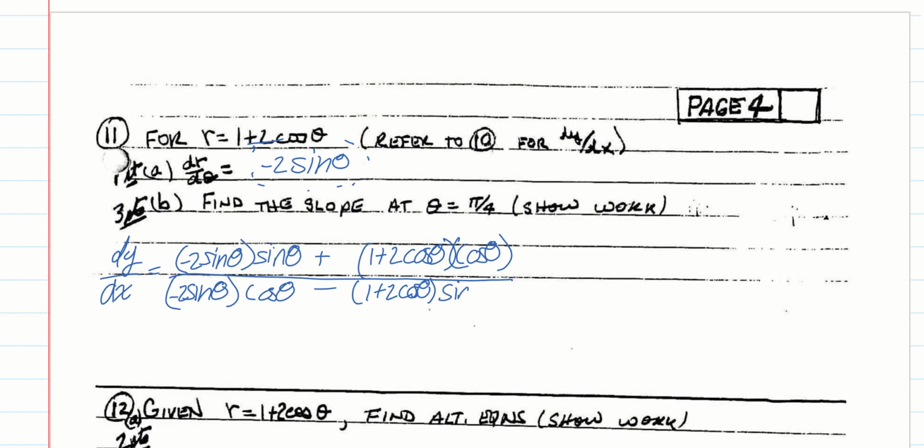So we know theta is going to equal pi over 4. So that means each of these is going to become square root 2 over 2. Or I think it might be easier if it's 1 over square root 2. It's the same thing.